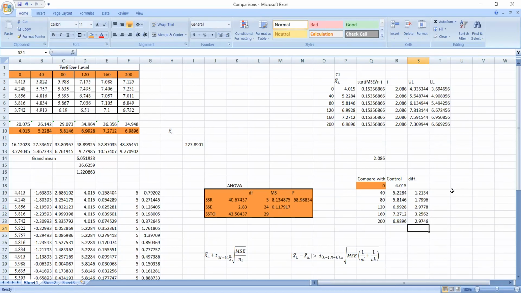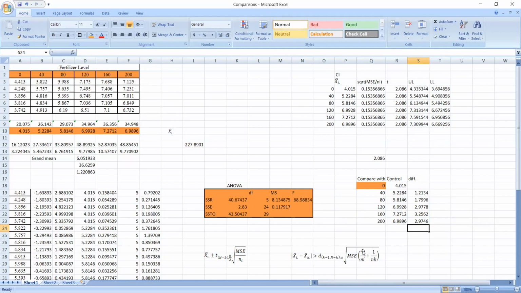So now we have to calculate this one, that is the square root of mean square error into 1 over ni plus 1 over nk. Now, based on this example, you can see for each treatment level, you have the same number of replicates. You have 5 observations.